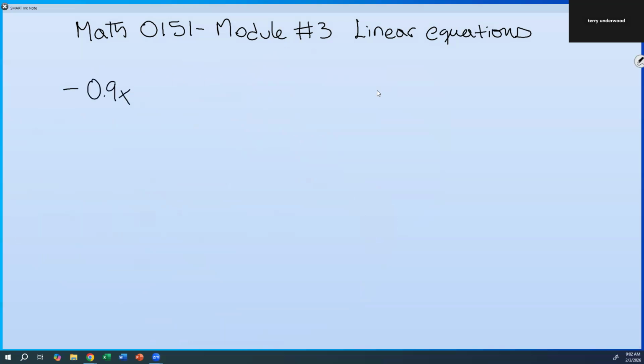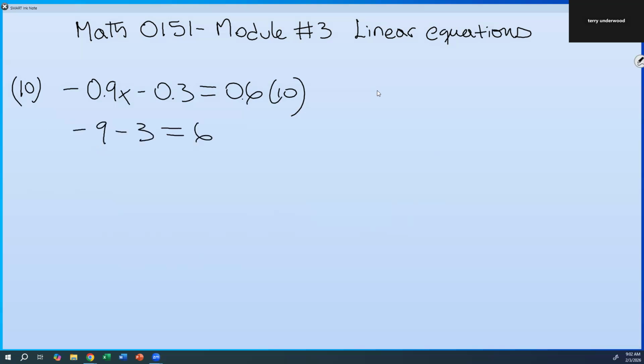0.9x, no, minus 0.3 is equal to 0.6. What I said is you can multiply everything by 10. If you multiply both sides by 10, you will have 9x minus 3 is equal to 6.